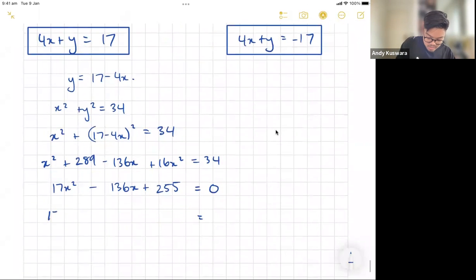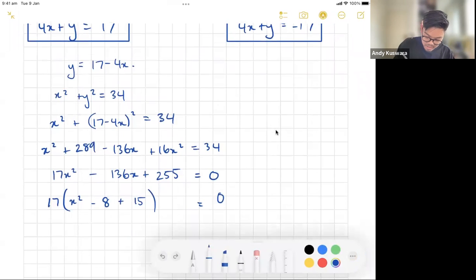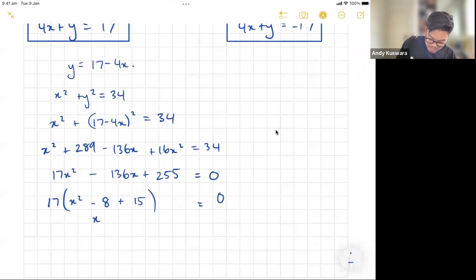I think this is nice enough where I can take out a common factor of 17. Yep, x squared minus 8x plus 15. Oof. Okay, now if I'm just solving for x here, I can see that it would factorize to (x minus 5)(x minus 3) equals 0. So x would equal 5 or 3.